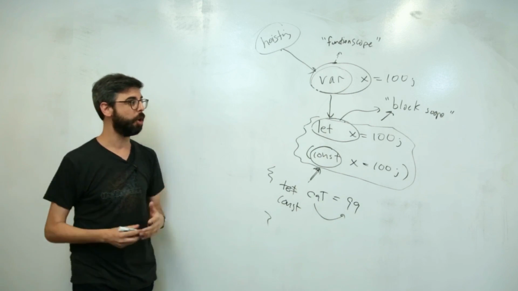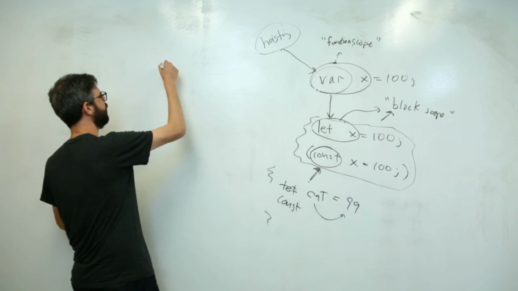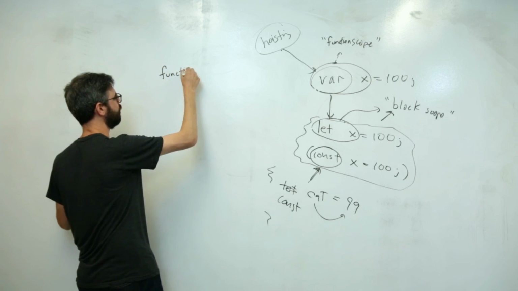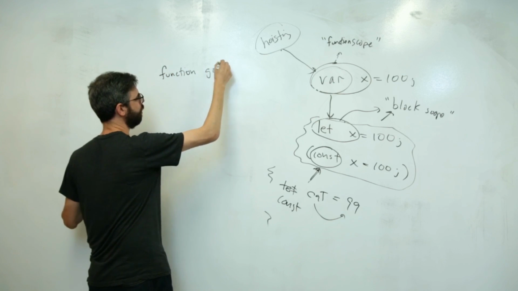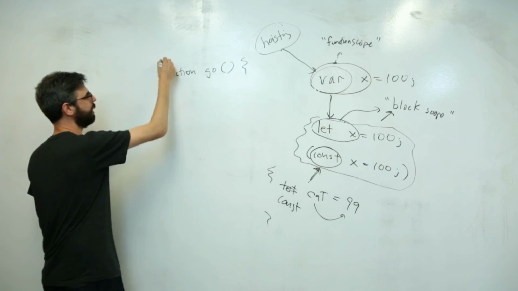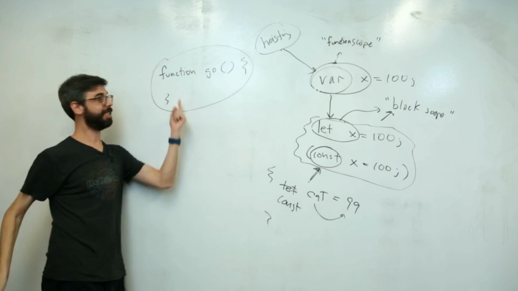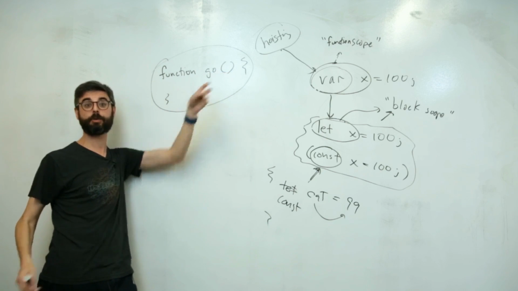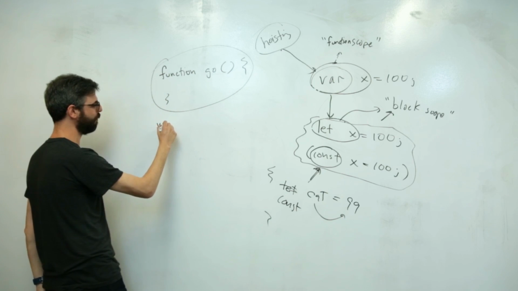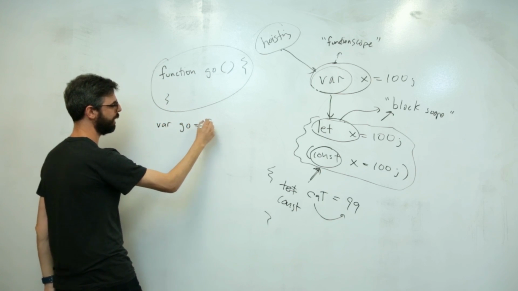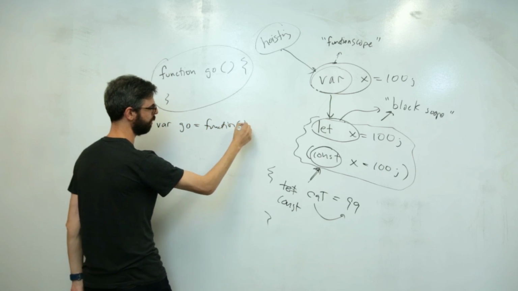the way that in most of my videos and the way that I've shown how to declare a function is saying function go, like this. This is a function definition. I say function, the name of the function, parentheses with whatever arguments are in there. This is the equivalent of basically saying var go equals function.